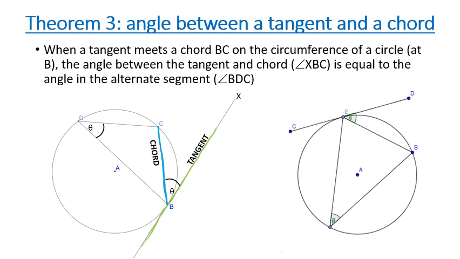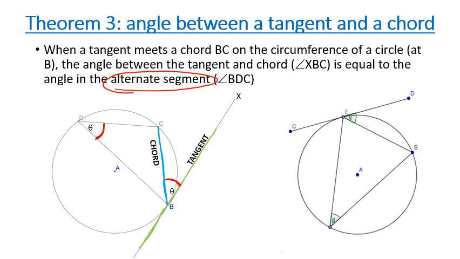When these 2 lines meet, they create an angle. In this particular case, the angle is theta. Now, it's important to understand that this angle is equal to the opposite internal angle, also known as the alternate segment. So this part up here is the opposite internal angle, also known as the alternate segment.